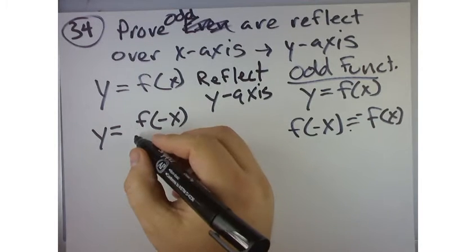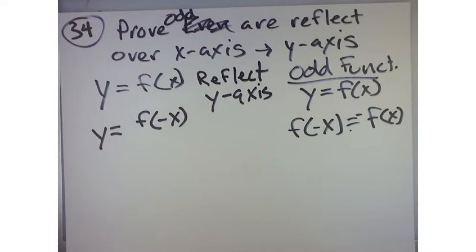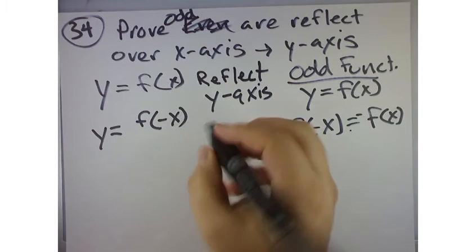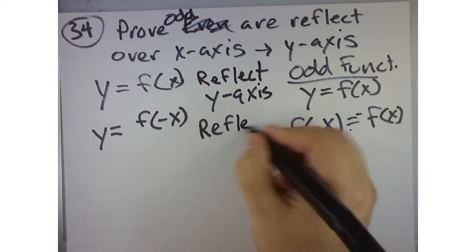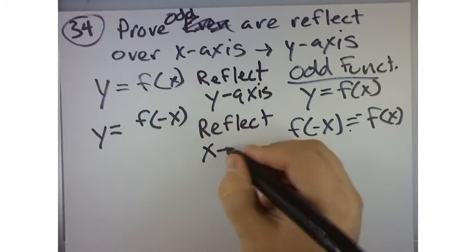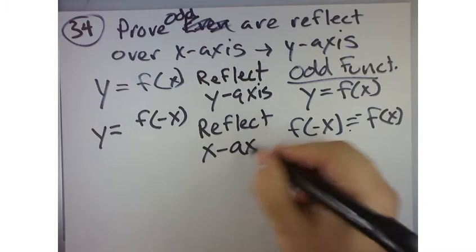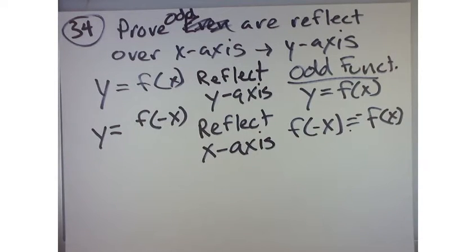So now the next thing I would do would be what? Reflect over the x-axis. So now if I reflect over the x-axis, how did we reflect over the x-axis?